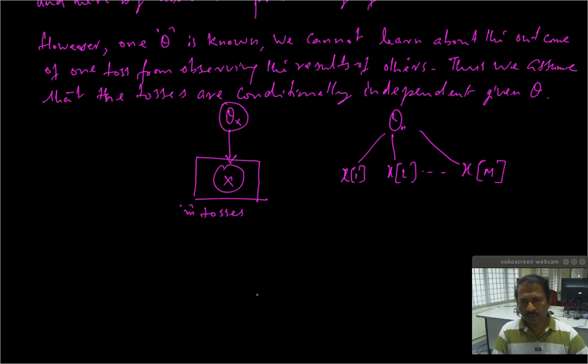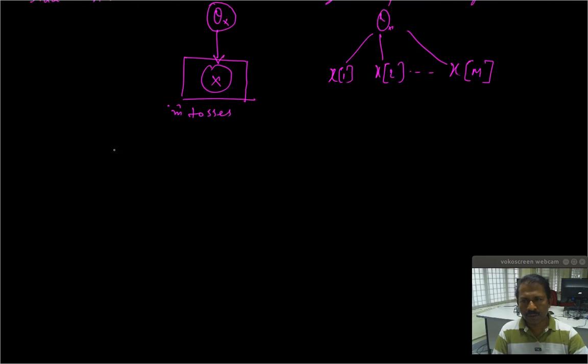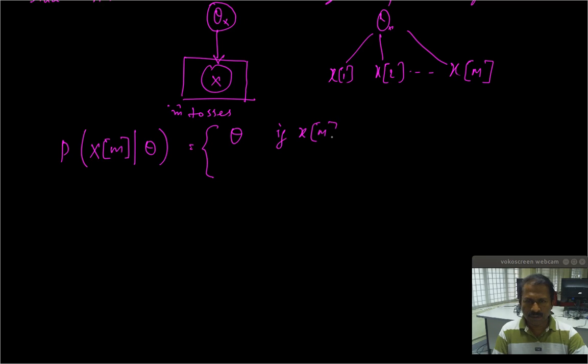We can write something like probability of x of m given theta as theta if x of m is x1.